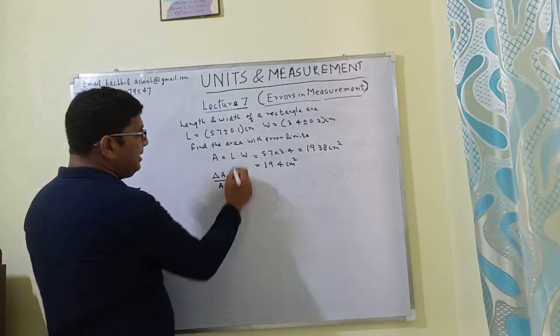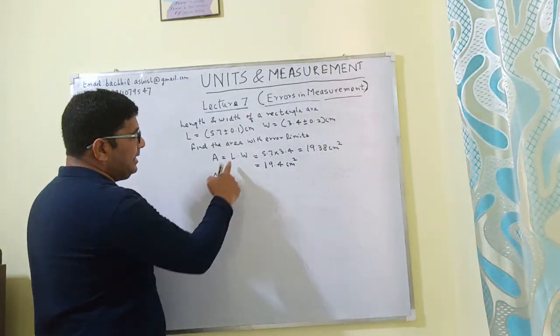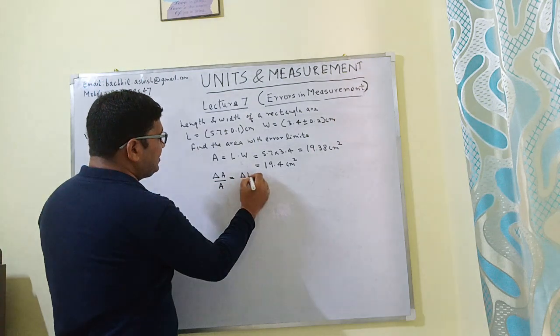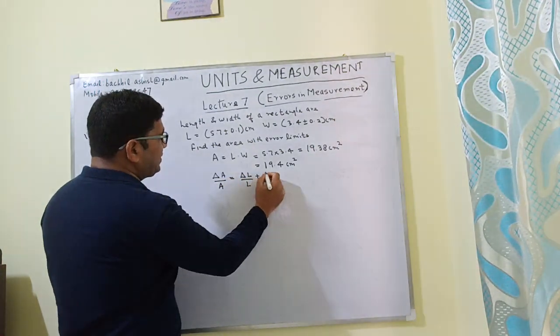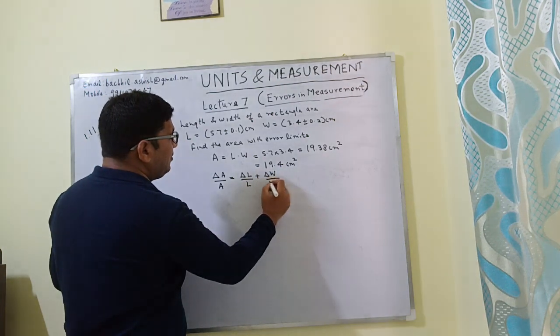So here the multipliers are length and width. So we can write this as delta A by A will be equal to delta L by L plus delta W by W.